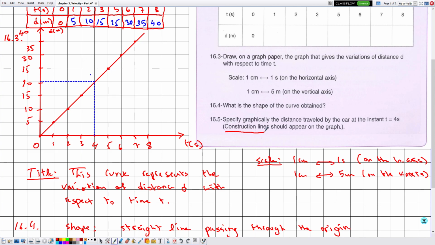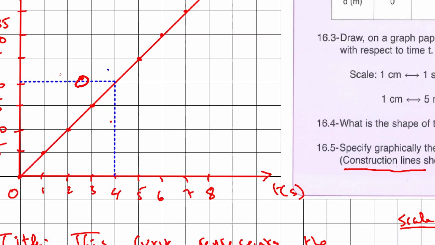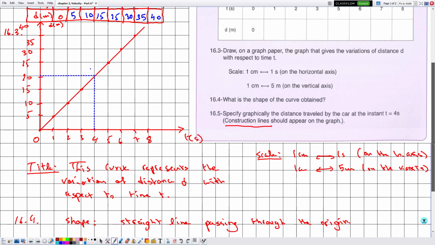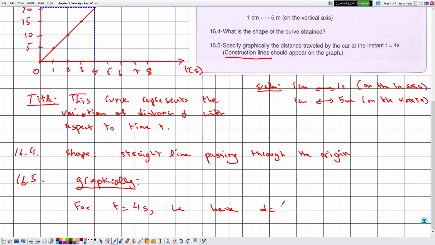So these are the construction lines, okay? These are the construction lines. So in this case we have d is equal to 20 meters.